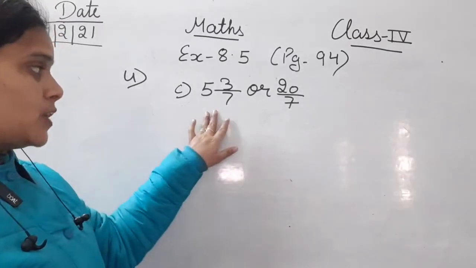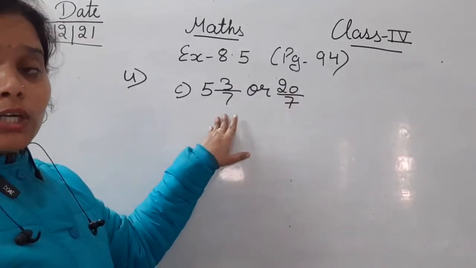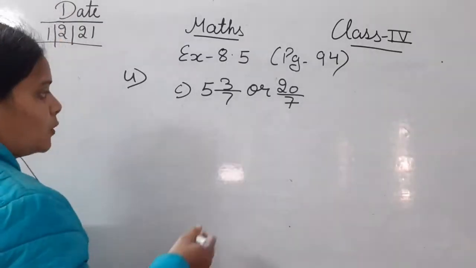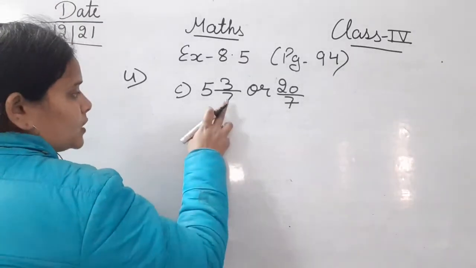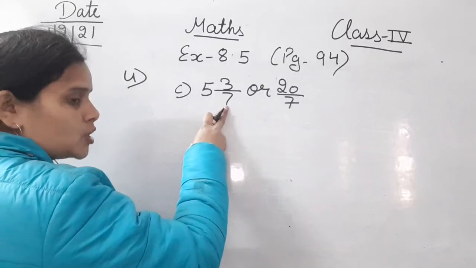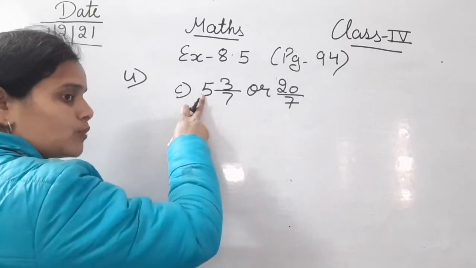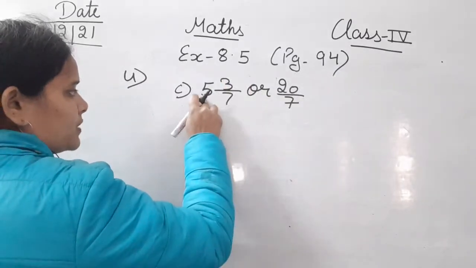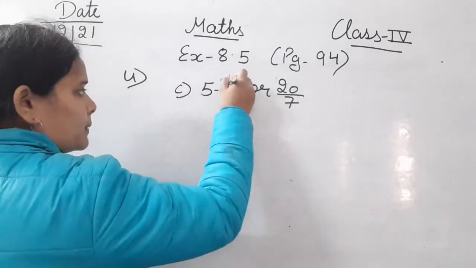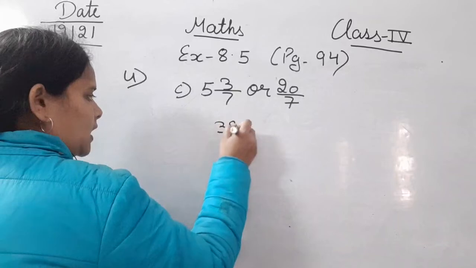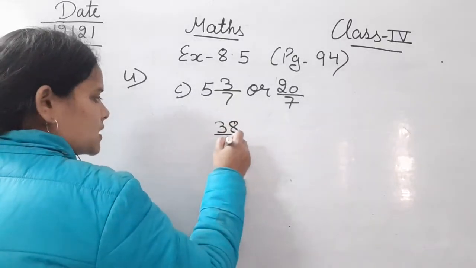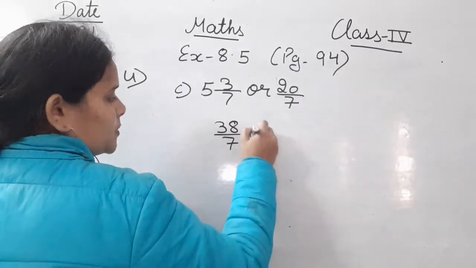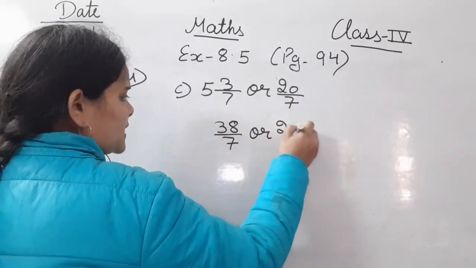So first you have to convert this mixed fraction into an improper fraction. For this we multiply the denominator with this number and add 3 to the answer. So 7 5s are 35, plus 3, that is 38. The denominator will be the same, that is 7. Here 20/7 we will write as it is.